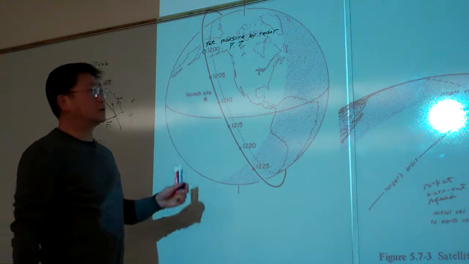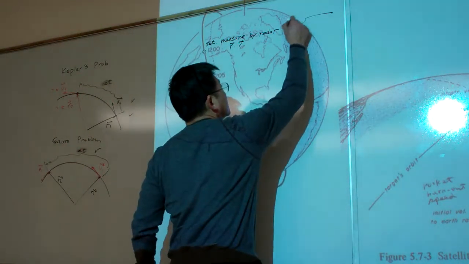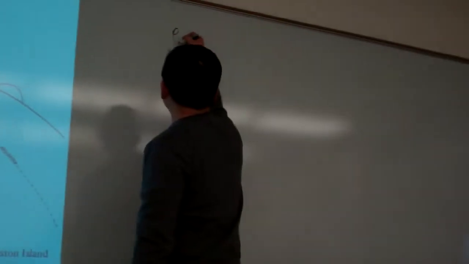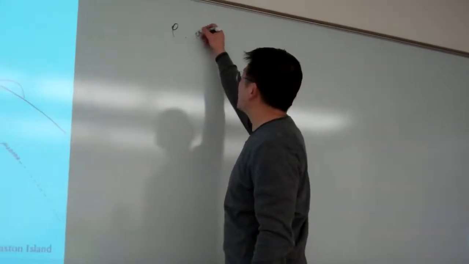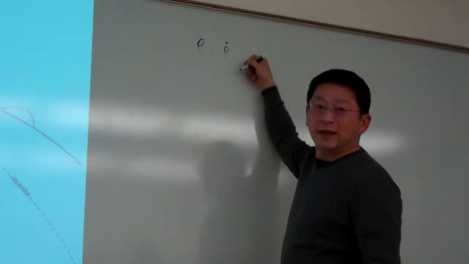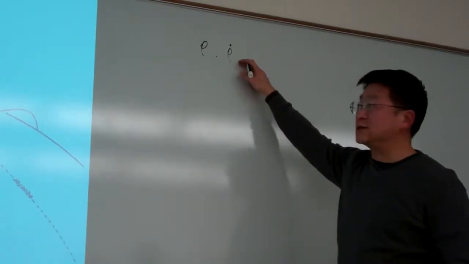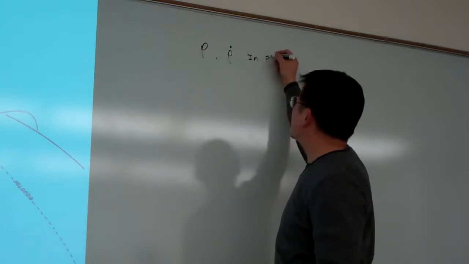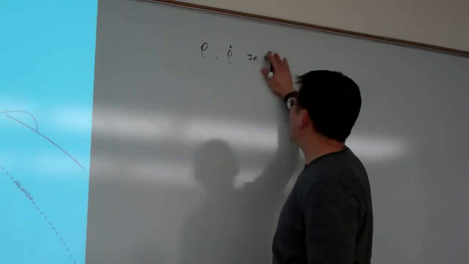If you remember, for this case we use radar to measure rho and rho dot, right? That is our radar detection in the PQW or IJK coordinate systems, whatever.